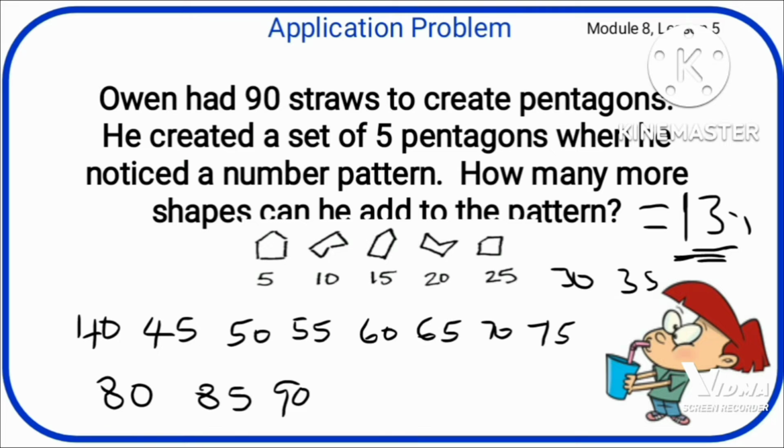Owen has created 5 shapes already. Now, if you create the shapes on top of each of the number patterns, as you are counting in 5s, you will have 13 more shapes. So altogether, you will have 18 shapes. But the question is, how many more shapes can he add to the pattern? 13 more shapes.